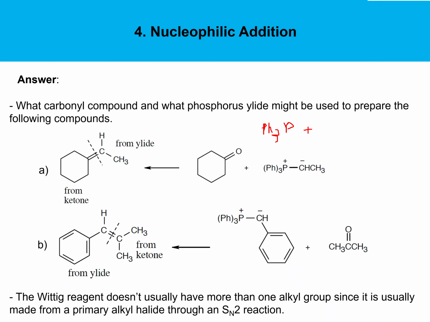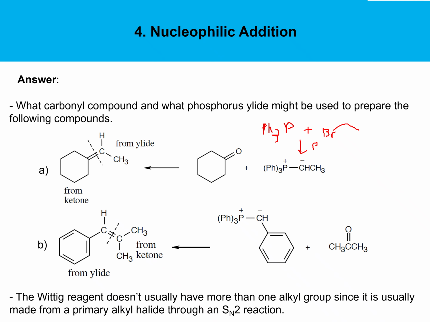For that reason, we want to make sure that the alkyl halide does not have a lot of sterics. So if we wanted to make the following Wittig reagent, we would use perhaps ethyl bromide as shown here, and that should lead to the following Wittig reagent after we use base.